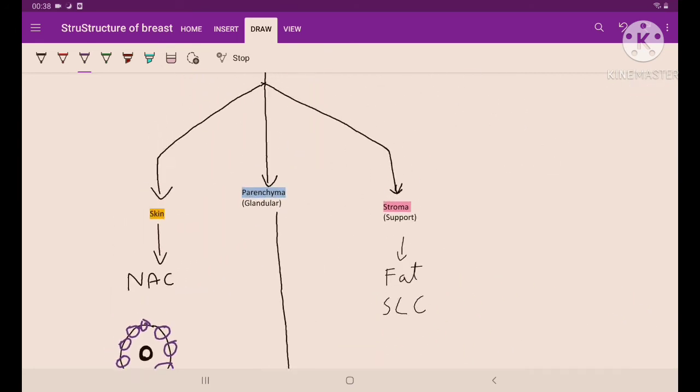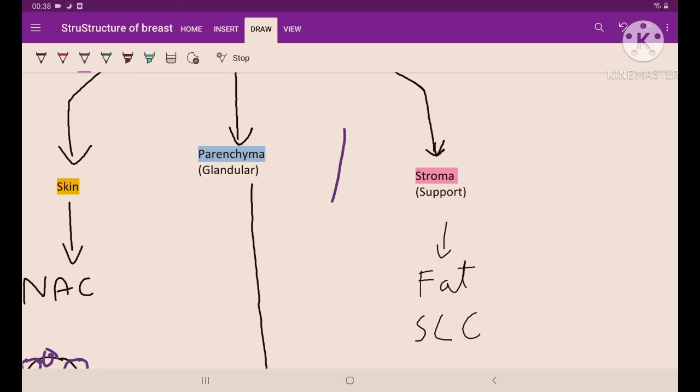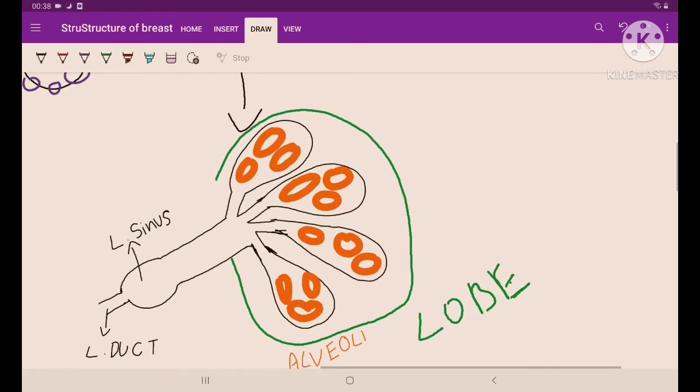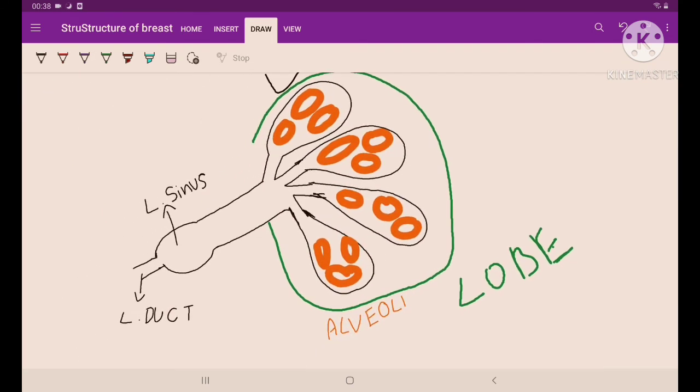And see here, guys, this is the parenchyma. Parenchyma is basically the glandular part, the secretory part of the breast. The breast mainly is divided into these parts: the lactiferous duct, the lactiferous sinus, and the ductal system which ends in lobules. These are the lobules.